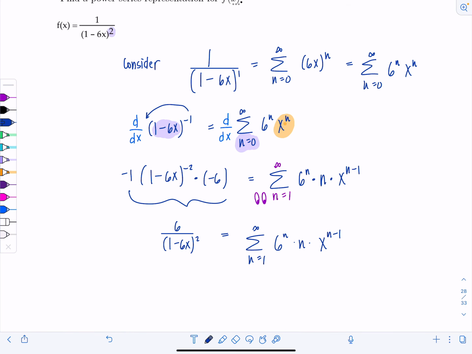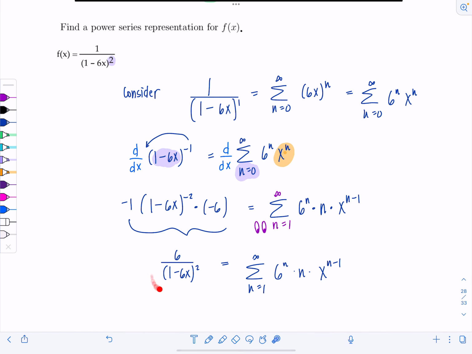Okay, now let's see. What do I have? This looks good. I wanted a power series for this f of x. What's different about them? I got the squared in the bottom. However, I need a 1 in the top, and I currently have a 6. So let's get rid of it. Let's multiply by 1/6, and here I will also multiply by 1/6.